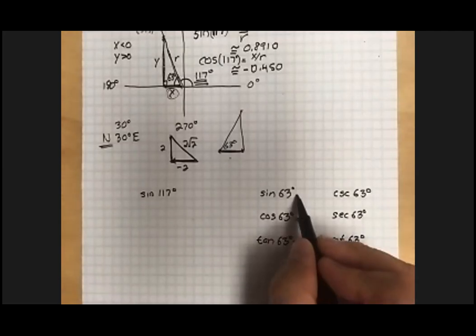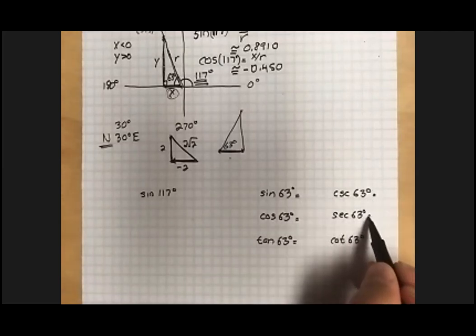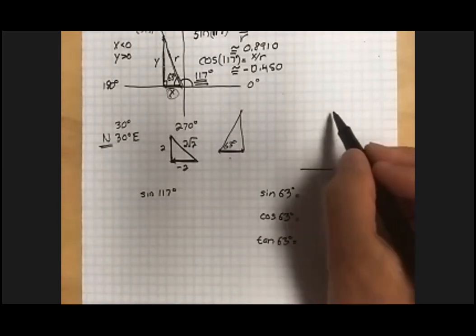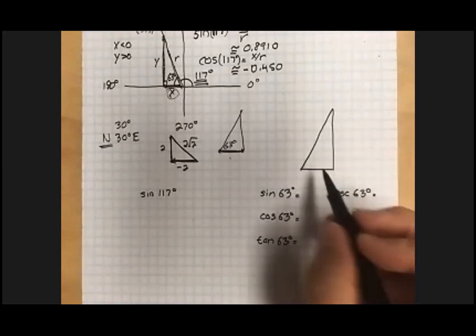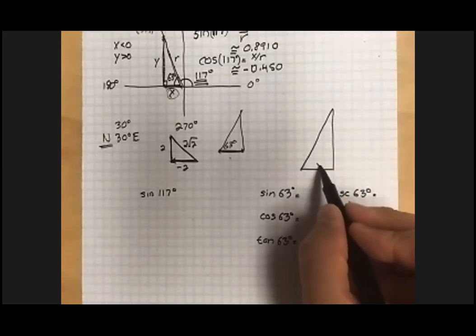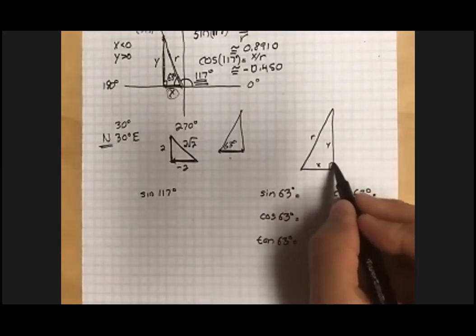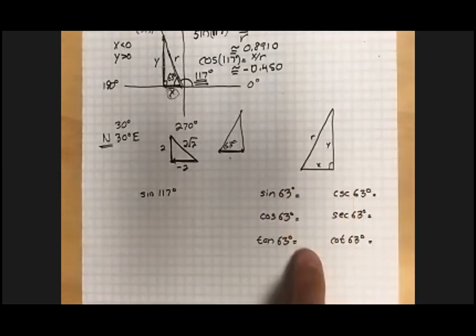If I ask the calculator what these numbers are, since I'm talking about an angle between 0 and 90, then I label all these sides, X, Y, and R, as positive, and all 6 of these will be positive numbers.